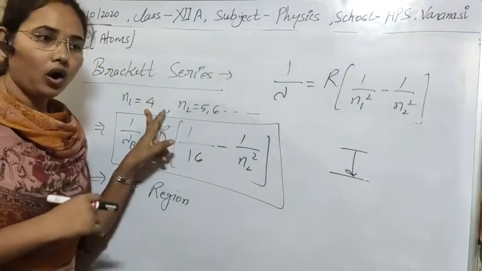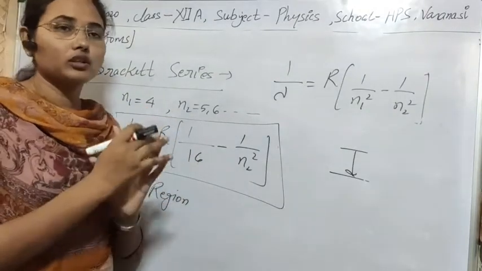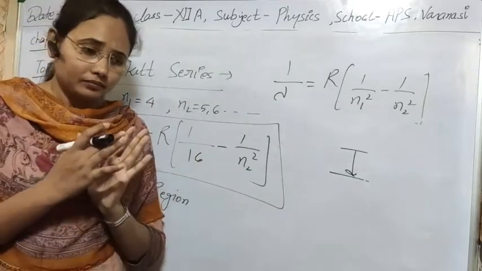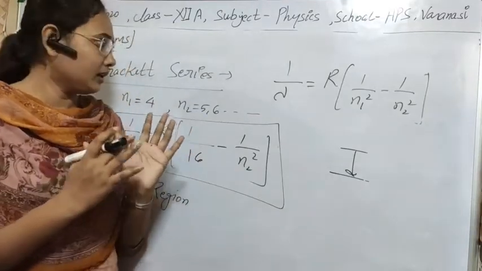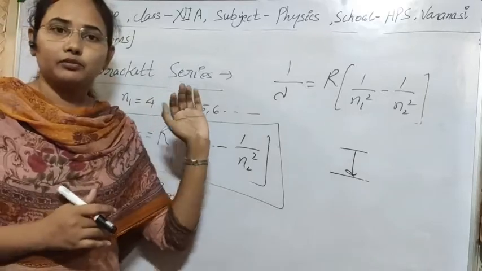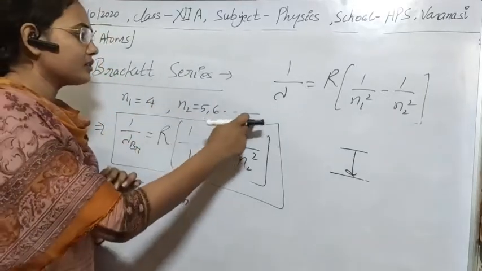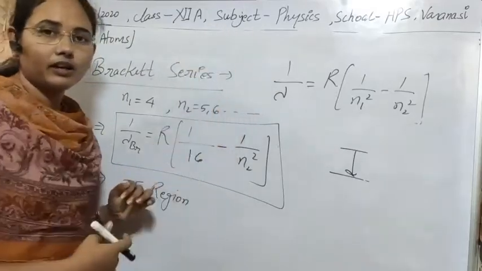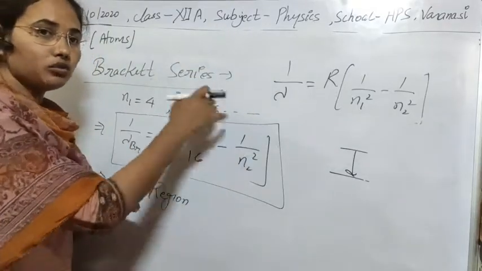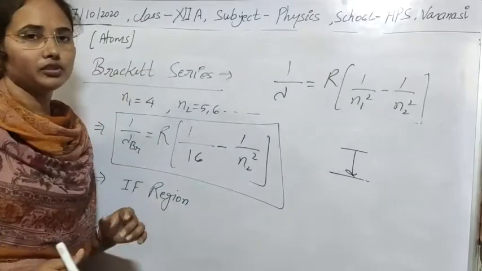All those wavelengths and frequencies, from any higher state 5, 6, 7, 8, 9, infinity down to n equal to 4, are called the Brackett series.